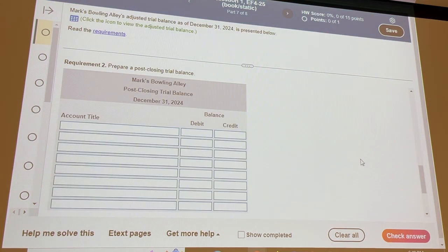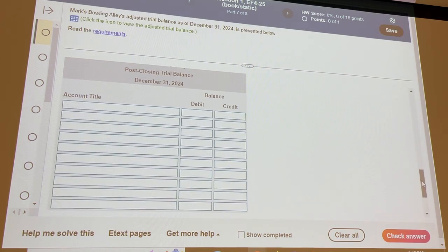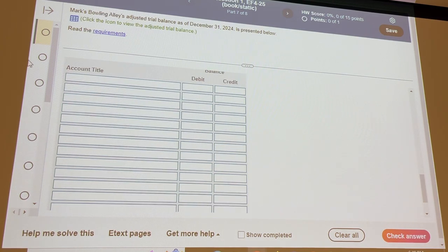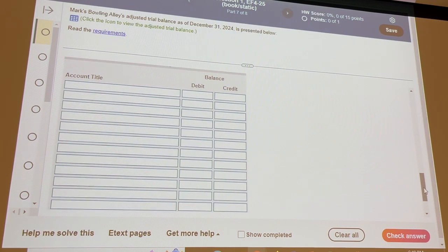And then we will prepare the post-closing trial balance. This is the one that I thought we were doing a week or two ago when I said that it was gonna be tricky. And then it turned out it wasn't a tricky one we were doing, but this trial balance is tricky.